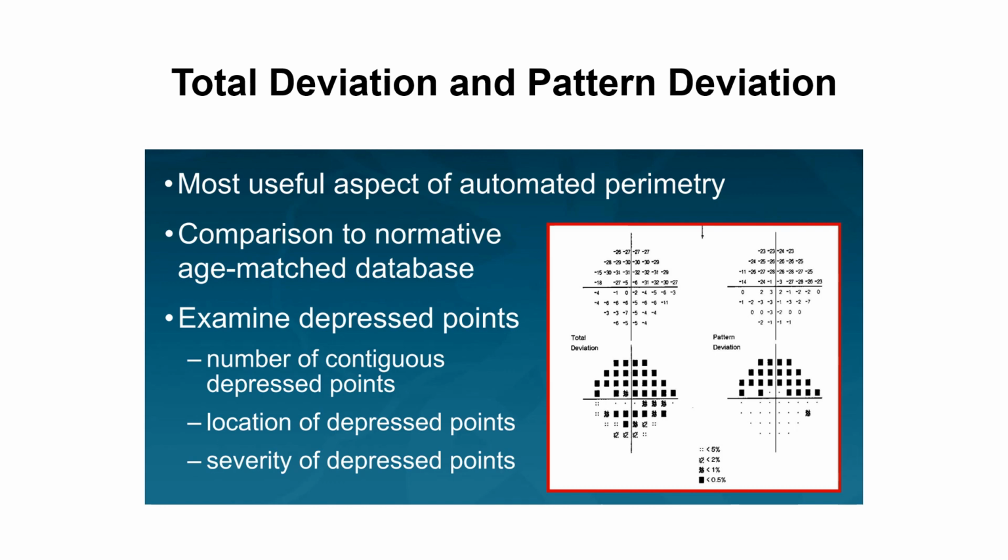Not only that, but the number of contiguous different points, the location of these points, and the severity of these points. So always, please, take these 3 things into consideration when you see the total and pattern deviation map: the number of contiguous different points, the location of the different points, and the severity of these different points.